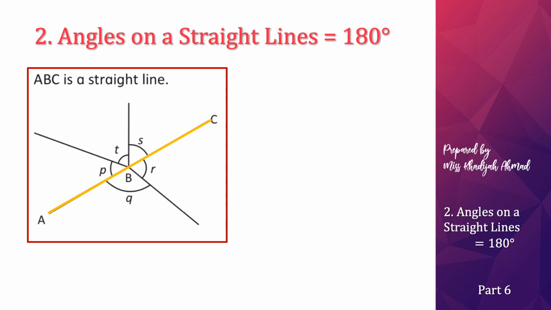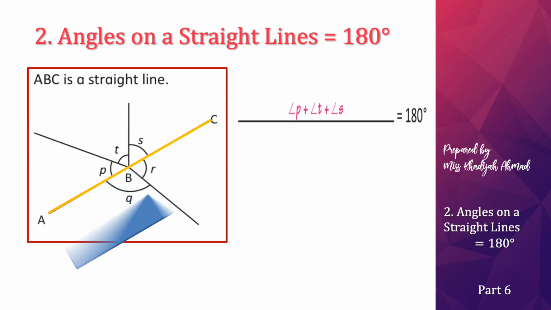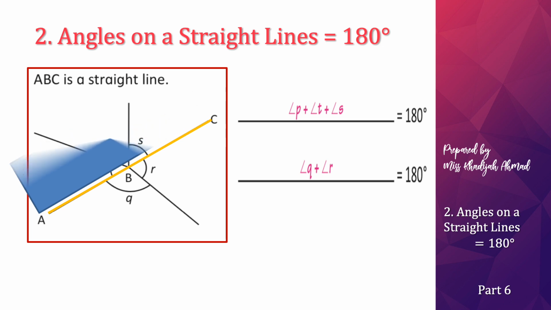Using line ABC as our guideline, we can see above the line we have angle P, angle T, and angle S. Hence, we have angle P plus angle T plus angle S to be 180 degree. Similarly, if we look the angles below the line, we can see that angle Q and angle R are there. So, angle Q plus angle R should make 180 degree.